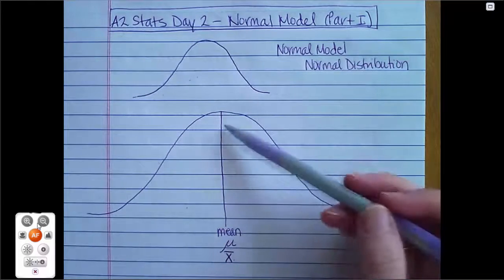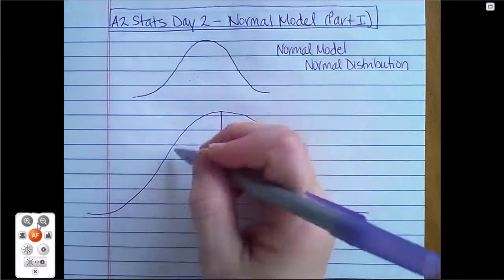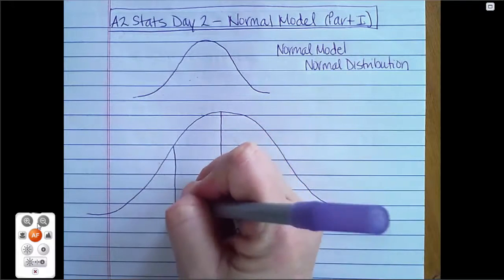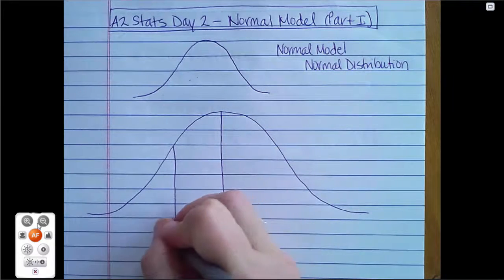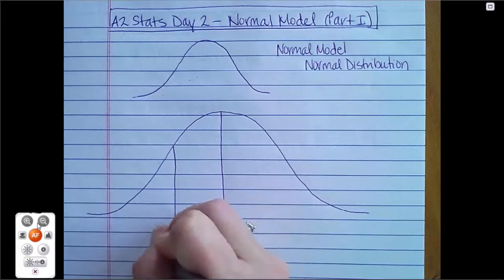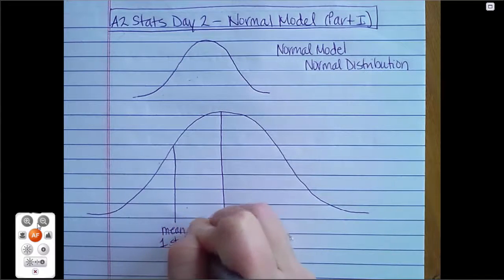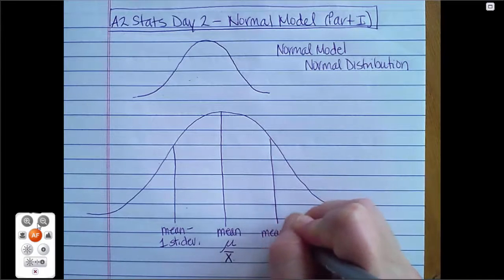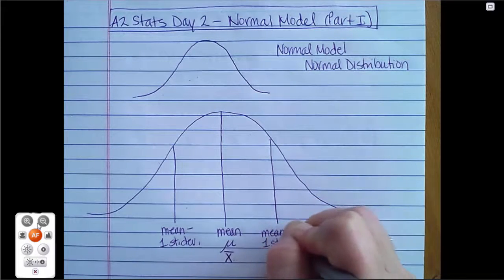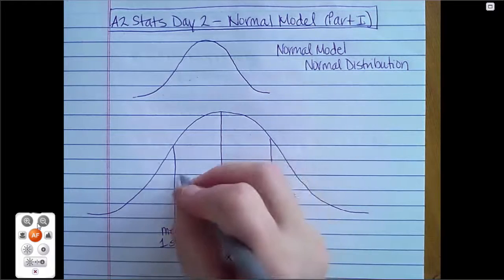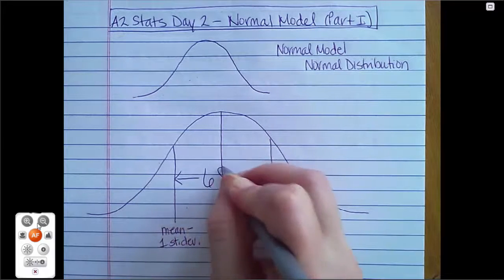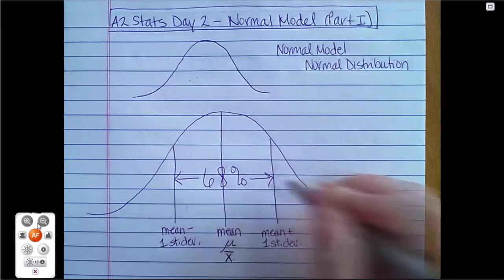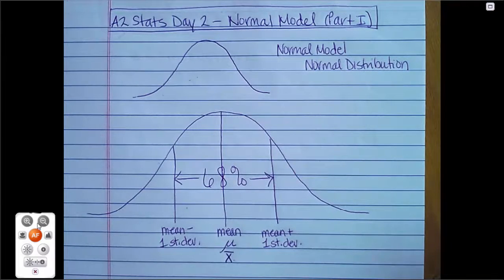Okay, so the mean cuts our data in half, and then if I take the mean and subtract one standard deviation, and take the mean and add one standard deviation, approximately 68% of our data, it's not exactly, will fall within one standard deviation of the mean.